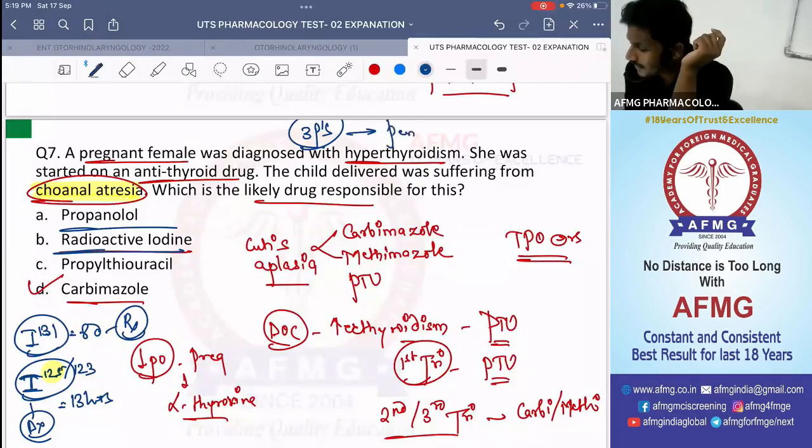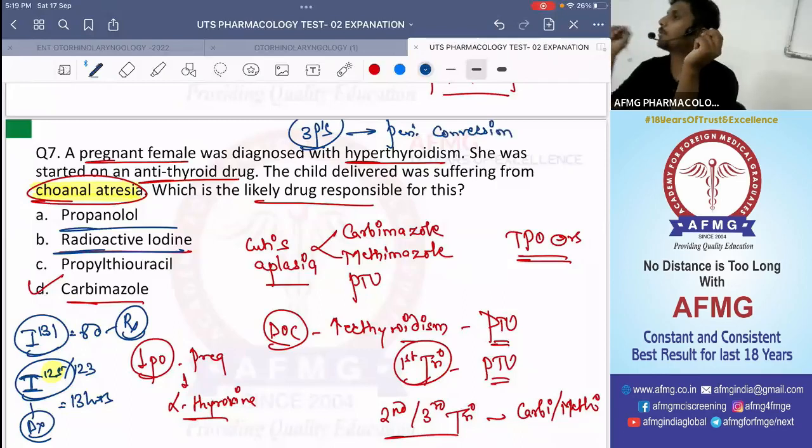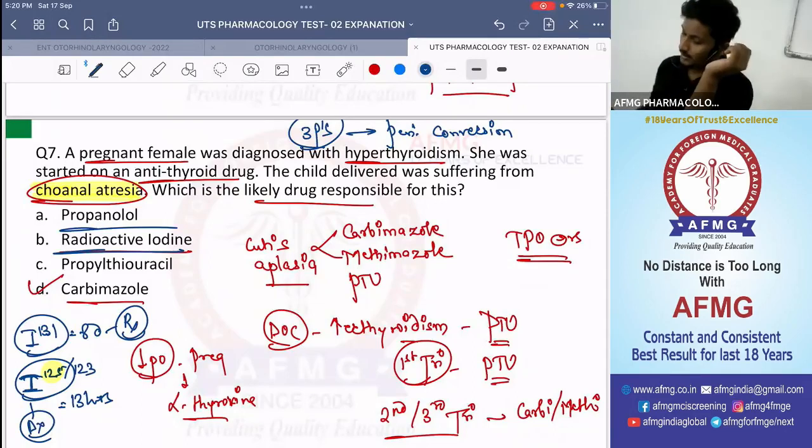If they ask you peripheral conversion is inhibited by which 3 drugs, answer should be all the 3 P's. Propylthiouracil, a steroid like prednisolone, and a beta blocker like propranolol. These will inhibit the peripheral conversion. That is also helpful in case of hyperthyroidism. Why? Because T4 is an inactive form, whereas T3 is a more active form of thyroid hormone. So जब conversion होगा, तभी activity होगी. No issues with this, anybody?